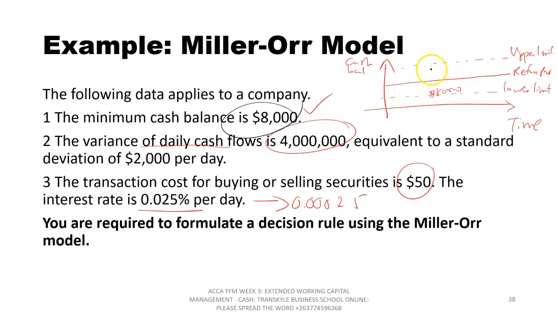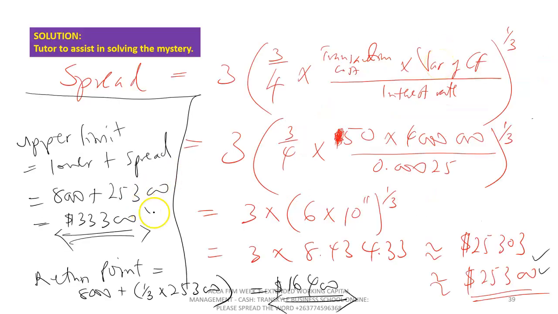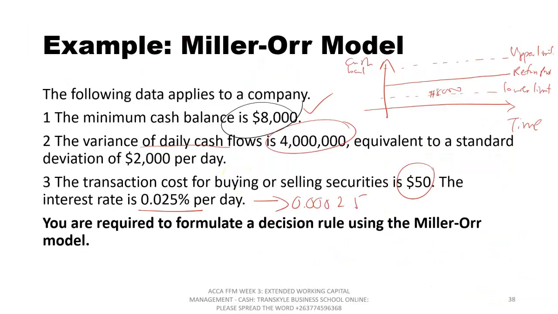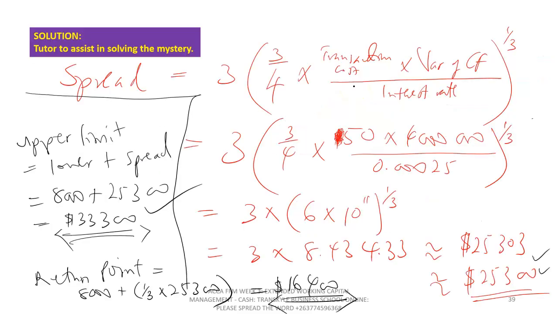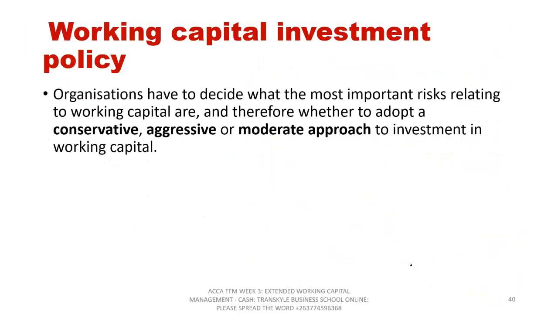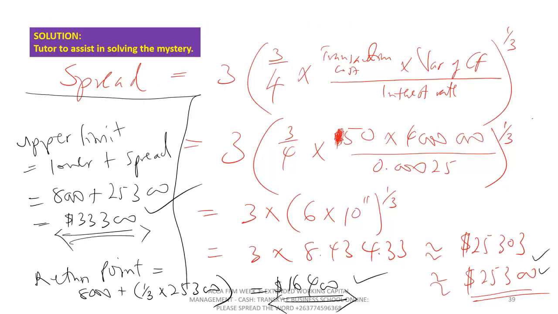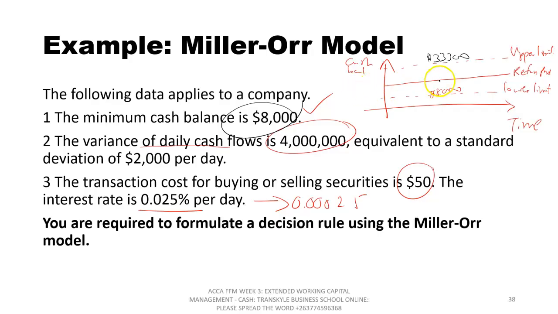The upper limit has been determined to be 33,300. And the return point is 16,400.